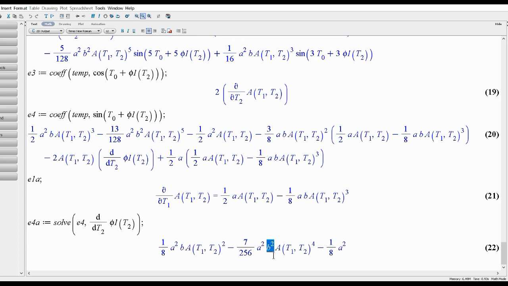Then if A is 1, then you can see that phi dot has these terms in here. Where this one came from, I'm just wondering. Oh, I see. If B is 0, this is not there, this is not there, this is the -1/8, A is 1, that's the damped oscillator.